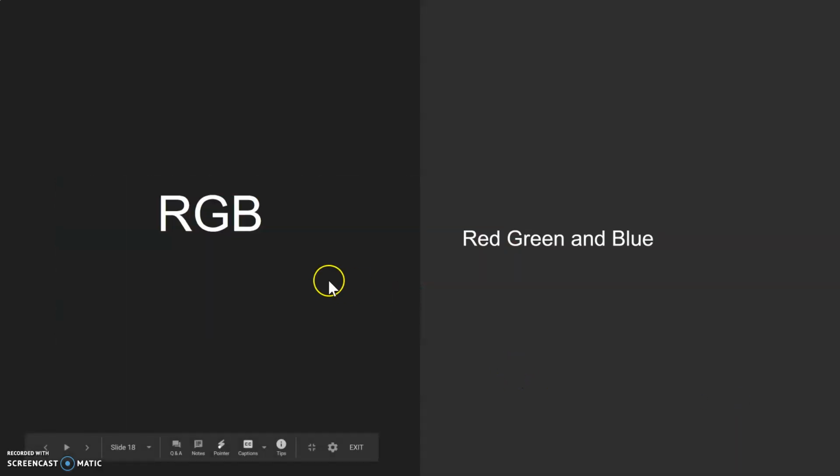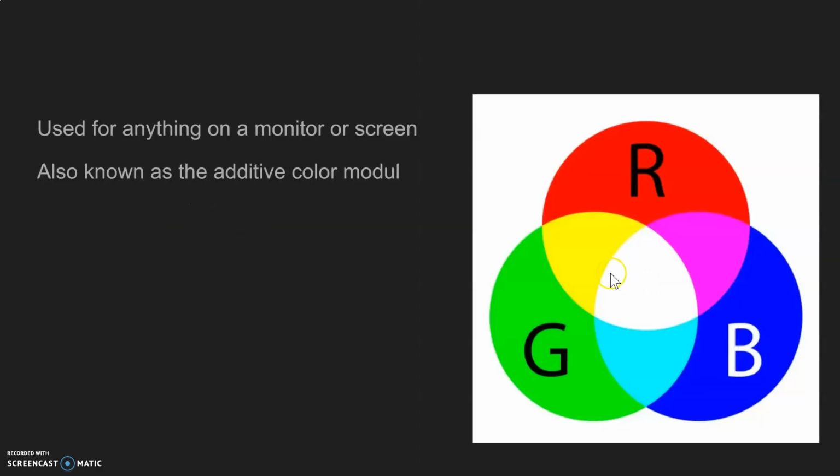You have your RGB, which is just your red, green, and blue. This is usually what you'll use in Adobe Illustrator. It's used for anything on a monitor or screen, and it's also known as the additive color model. So everything that you see on a computer screen or on your phone screen is going to be RGB colors.